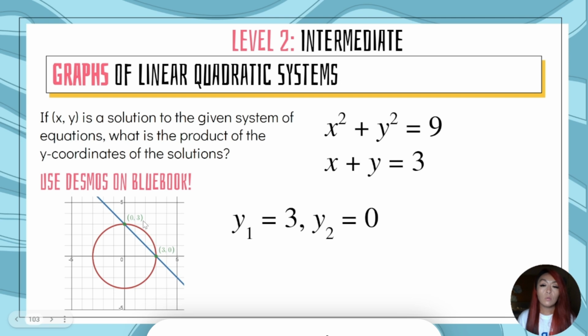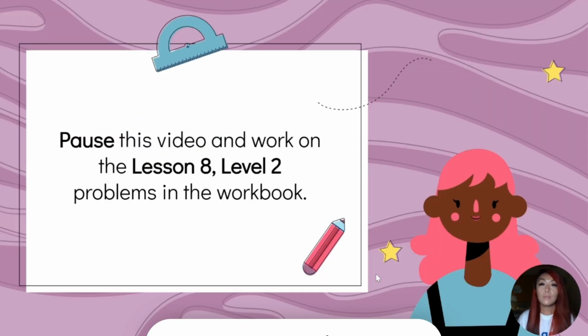I'm going to call y1, the first y coordinate, 3, and y2, 0. Those are the y coordinates of our solutions. So they want the product of the y coordinates, so we'll multiply 3 times 0, which is 0. Please pause this video and work on the Lesson 8 Level 2 problems in the workbook.